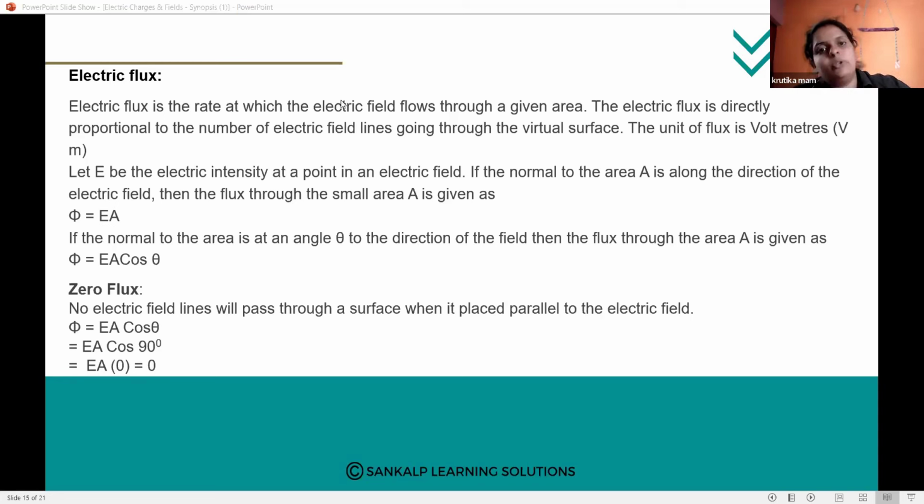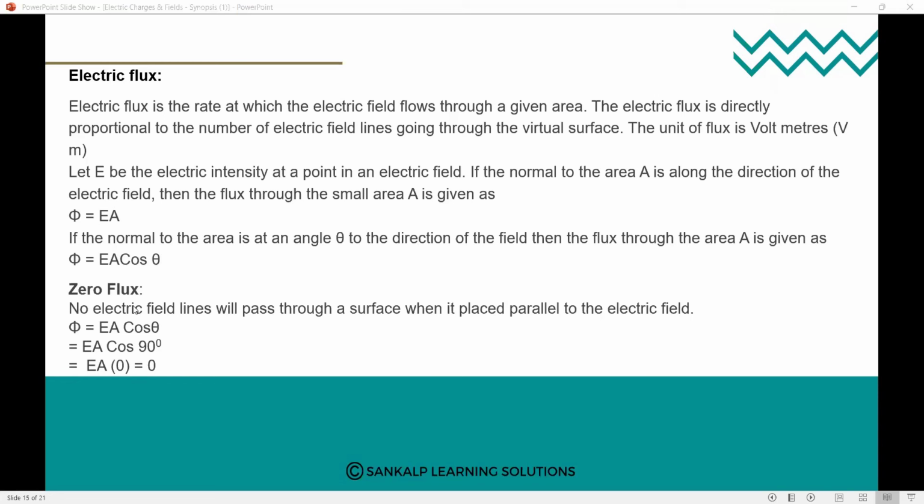Since this is a dot product, as you already know, cos theta comes in: EA cos theta. Yes, it is EA cos theta. In second year, whichever lesson you learned, everywhere you have maximum and minimum conditions.